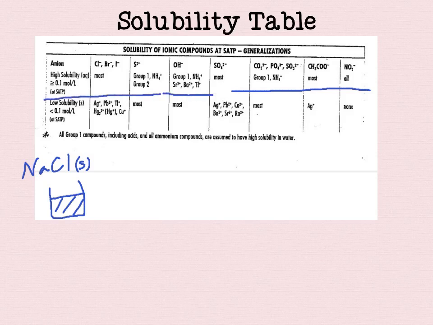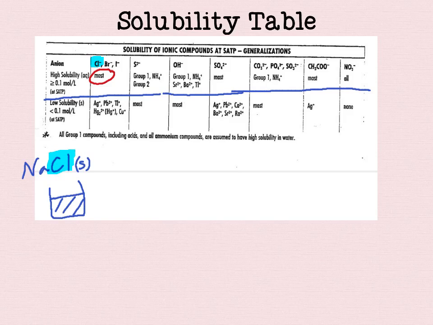To read this table, you need to find the anion from your compound in question and find the column that contains your anion. So chlorine in the form of chloride is located in the very first column. The way this table works is that most compounds containing chloride have high solubility, meaning they will be aqueous, or invisible in solution.